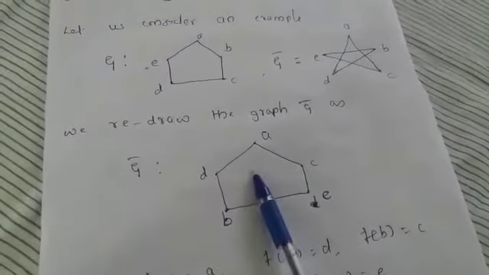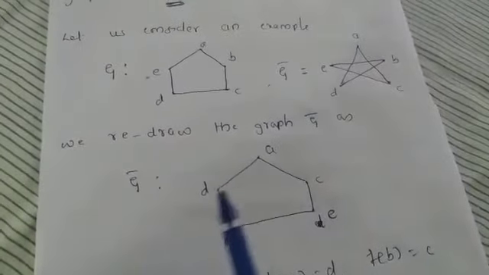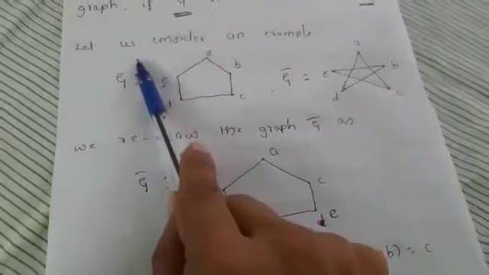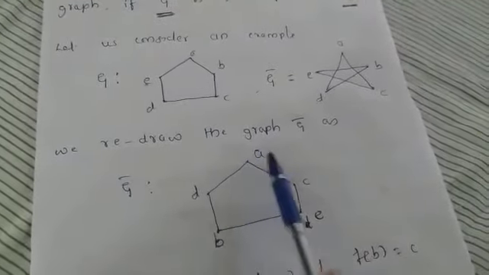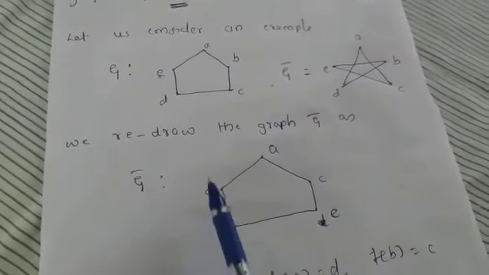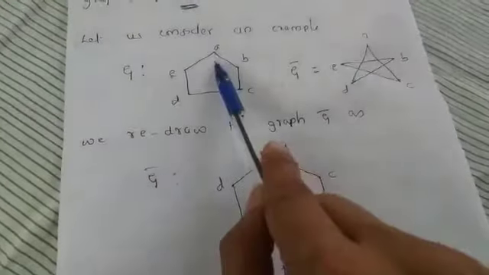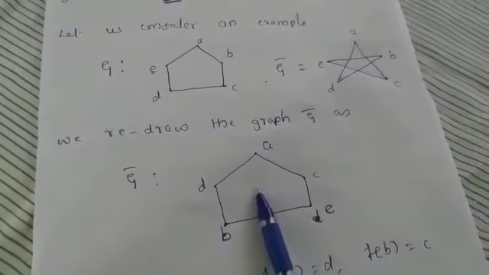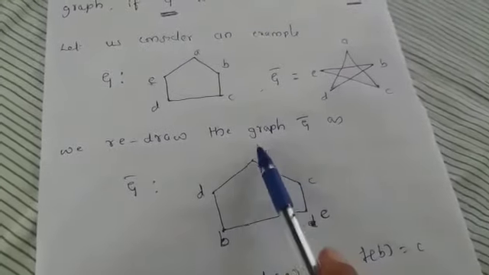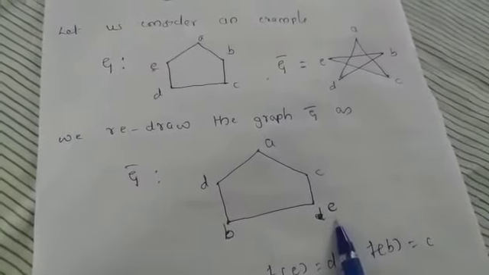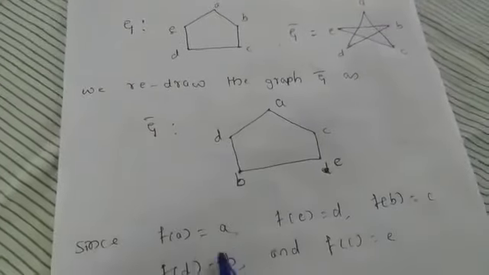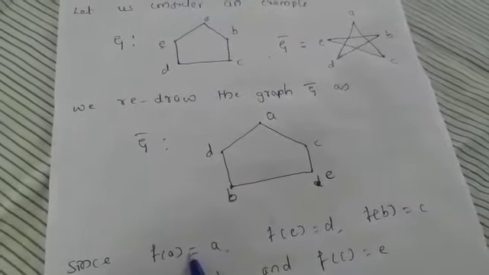So now, if you see G bar and G, these two are one and the same, with the notation different here. I'll repeat it once again. G and G bar are one and the same, but the names of these vertices are different. So we develop a relation now in this format.